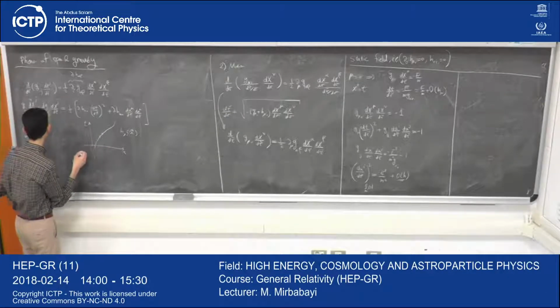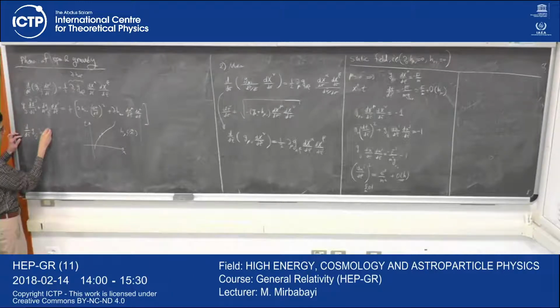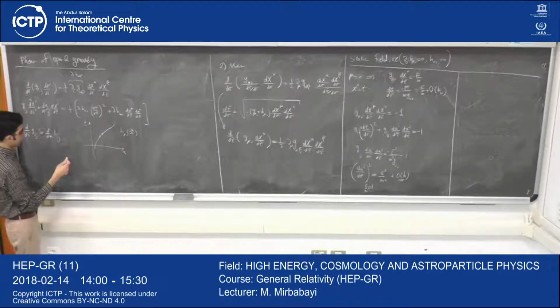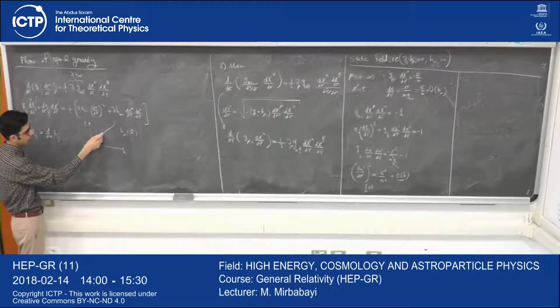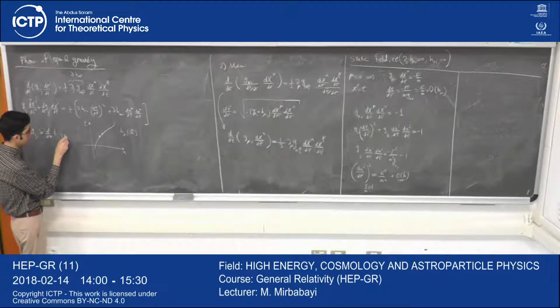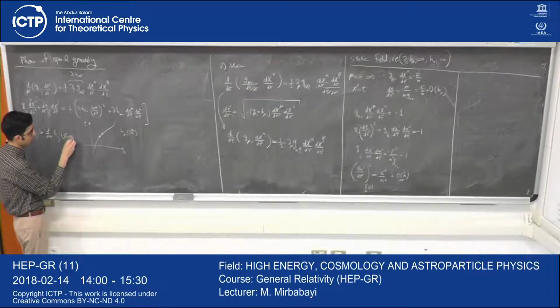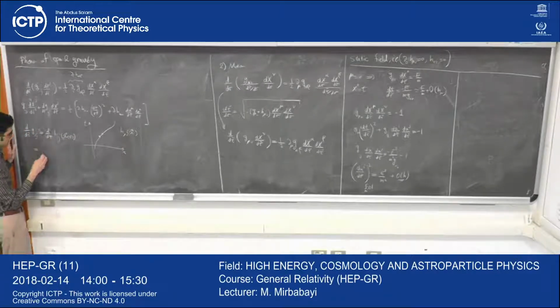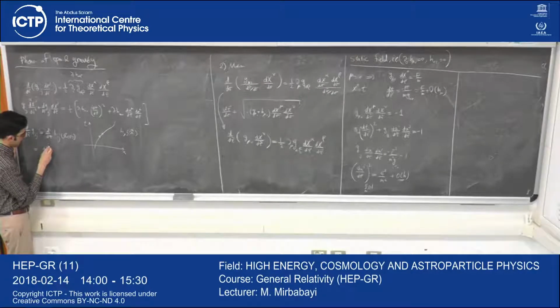So when I say d by d tau tilde of Gij, this is just d by d tau tilde of hij. But hij depends on tau tilde through its dependence on x, because the x that sits here is x of tau tilde. So this is dx^k d tau tilde by chain rule times d_k of hij.